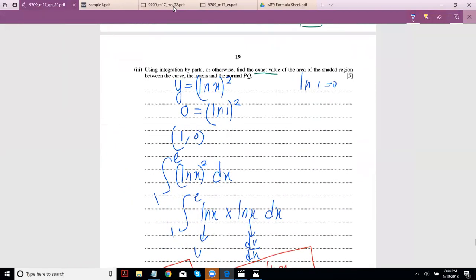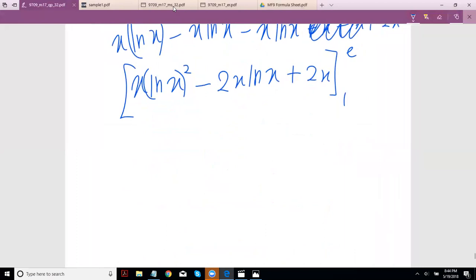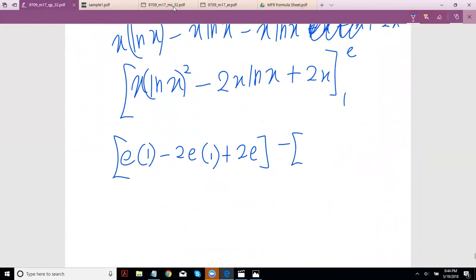Yeah, 1 to e. So let's put e first. e ln e is 1, so that is just 1, minus 2e ln e, where ln e is 1, so that is just 1, plus 2e. Upper limit minus lower limit. Remember, ln 1 is 0, so this would be 0, this would be 0, plus 2 is what remains for you.